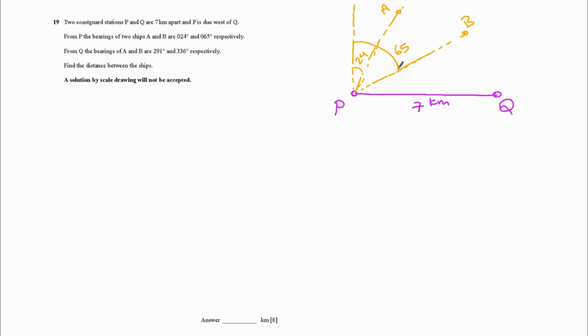The bearing from Q would be this angle on this side. So I'm just going to connect these again. And this angle here is 291, and this angle here, the larger angle, is 336.